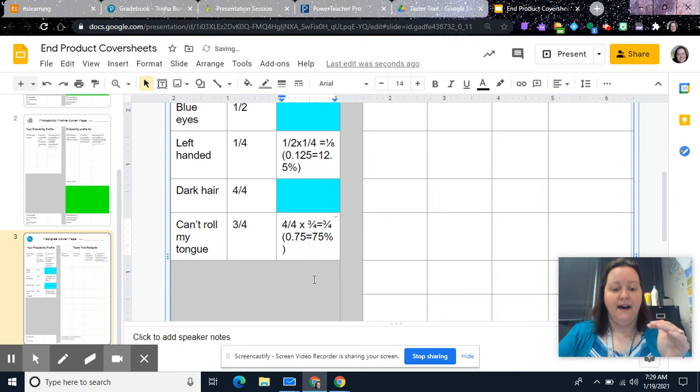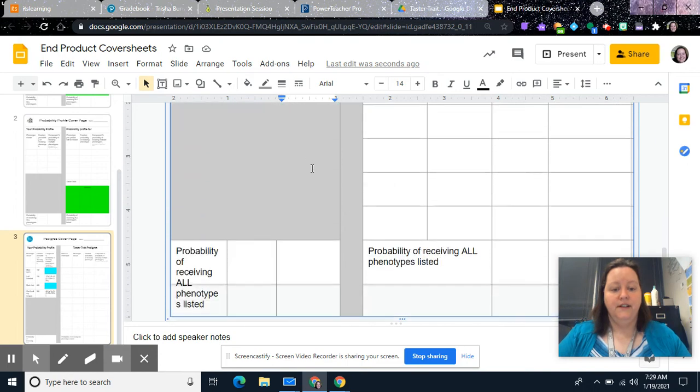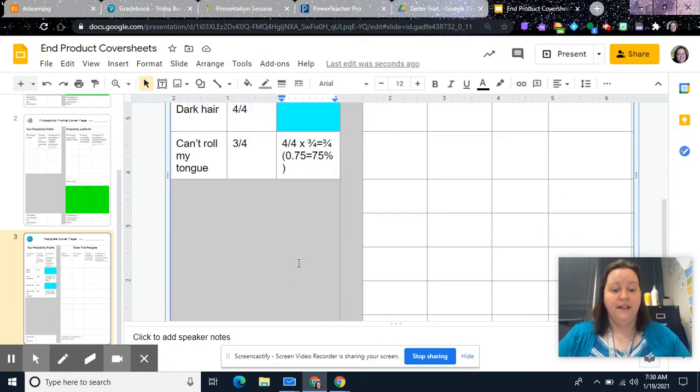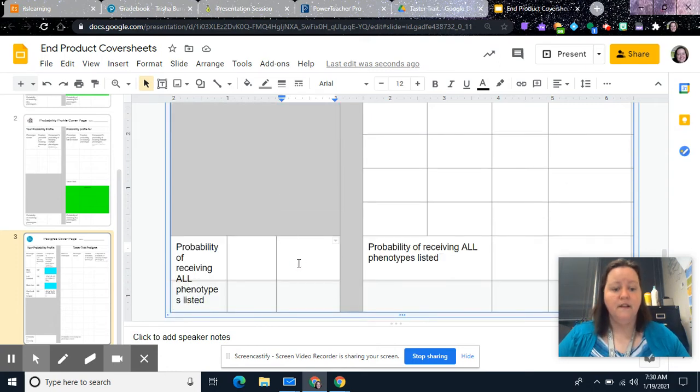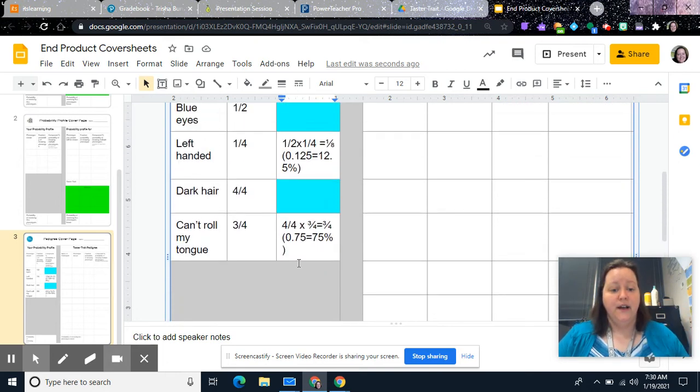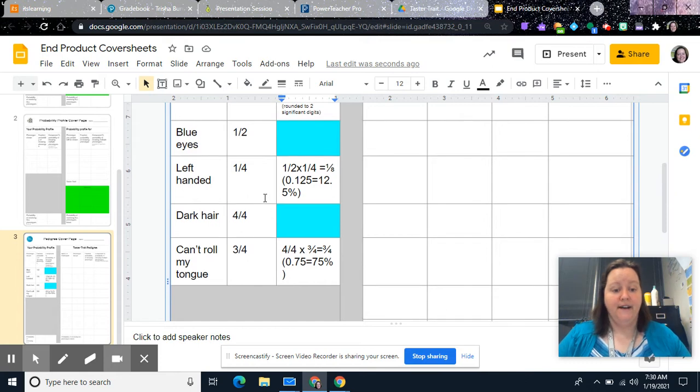Now that you have your 0.125 and your 0.75, what you're going to do down here is multiply all of them together. That will give you the compound probability that I would be blue-eyed, left-handed, dark hair, and can't roll my tongue based on my parents. I'm really multiplying 1/2 times 1/4 times 4/4 times 3/4.